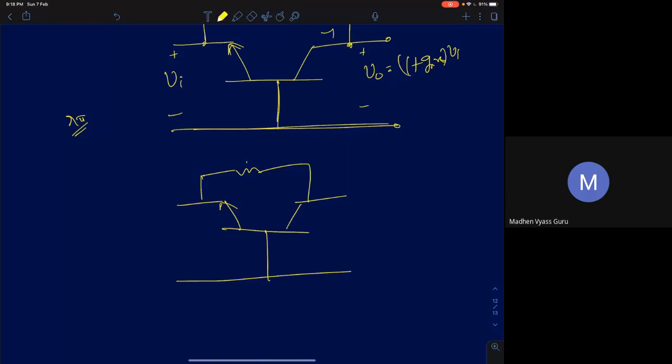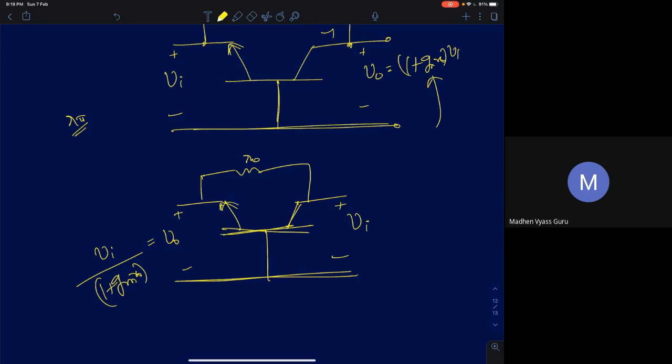If you apply an input voltage here, the output voltage will actually be Vi by 1 plus Gm R naught. It will be 1 by the voltage gain. So only a common base configuration will satisfy this condition. It has some kind of bidirectional amplification. Rather, in one direction it attenuates, but you get this result.